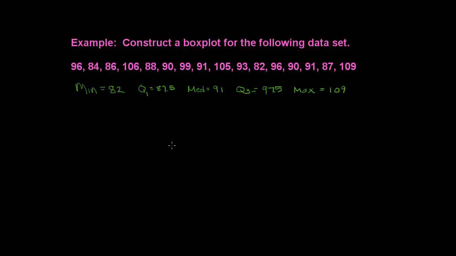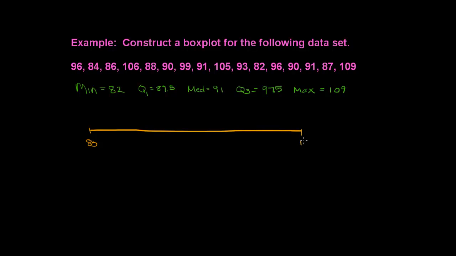Step 2, draw a scale with values that include the minimum and maximum data values. My minimum's 82, my maximum's 109, so I think I'm going to start at 80 and go to 110. So here's my 80, and here's 110.